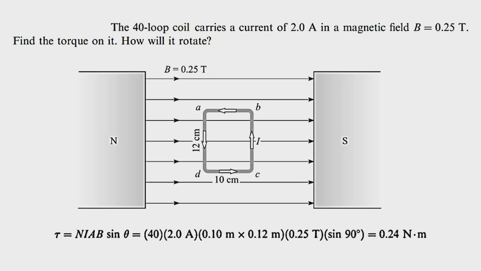Again, torque is equal to N, which is the number of loops of the coil, times the current, times the area of the loop, times B, which is the magnetic field, times sine theta, which is sine 90 degrees, where N is equal to 40 loops and I is equal to 2.0 amperes, while the area A is equal to 10 centimeters by 12 centimeters, or 0.10 of a meter by 0.12 of a meter, times B, which is equal to 0.25 Tesla, times sine 90 degrees. Torque is equal to 0.24 Newton meter.